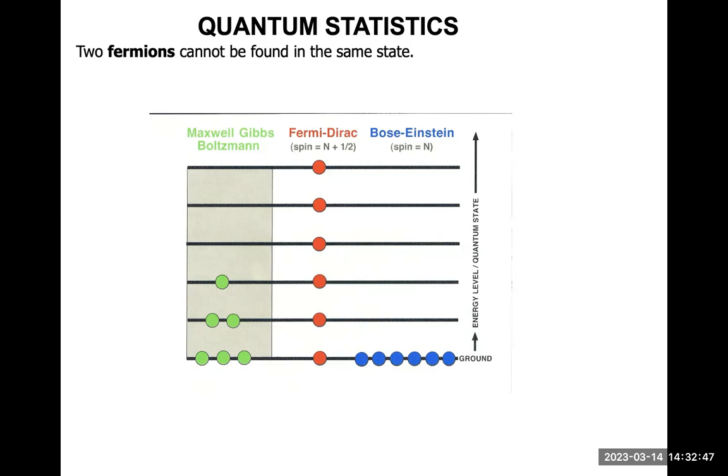particle found there. So you can distinguish very clearly, as you can see here, although it's a cartoon, that the green is how you would see a classical system of 6 particles distribute itself among some number of energy levels, as opposed to the Fermi-Dirac quantum system in red, as opposed to Bose-Einstein in blue.